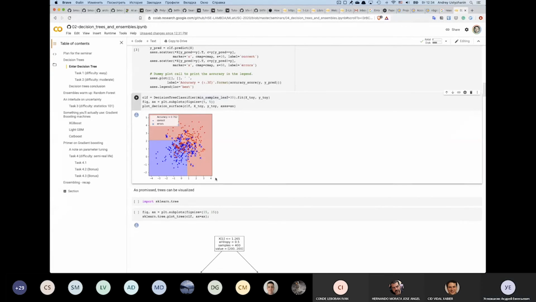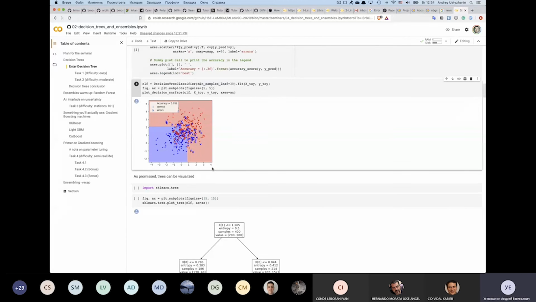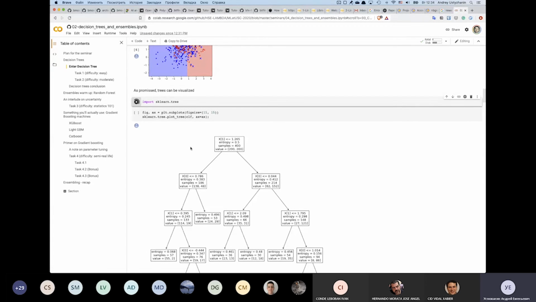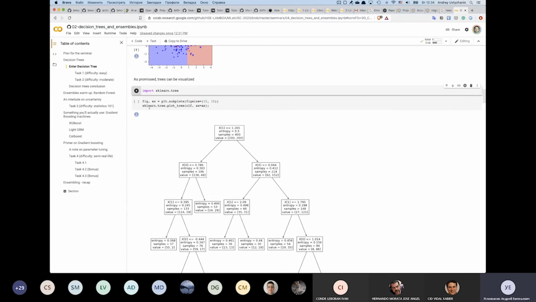So let's take a closer look at the tree that we've built. To plot a decision tree, we just call a single method, plot_tree, that takes a trained classifier.